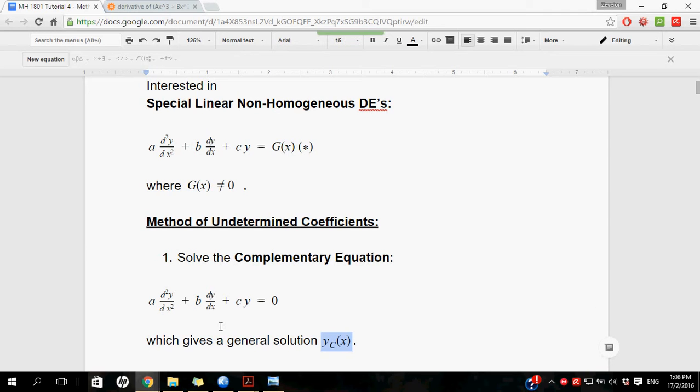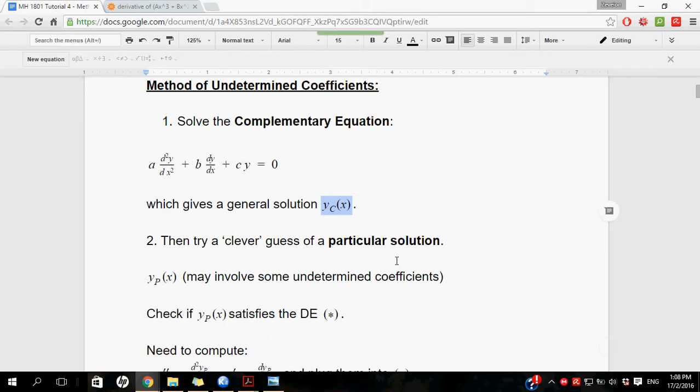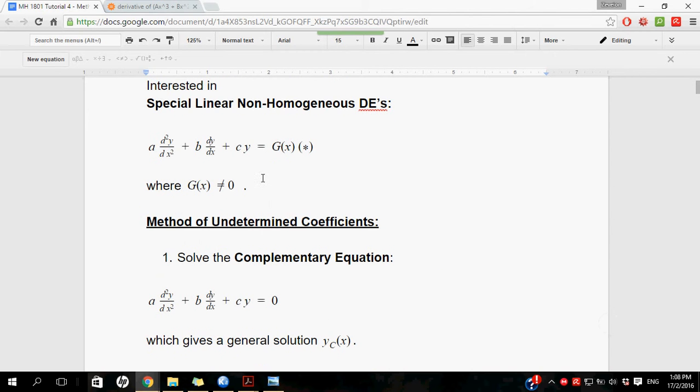After we are done with this part, what we need to do is to find a particular solution. This will usually involve making a so-called clever guess for just such a solution, y_p. And in doing so, we may encounter some undetermined coefficients as well. The most important thing to note is that y_p should satisfy the original differential equation star.